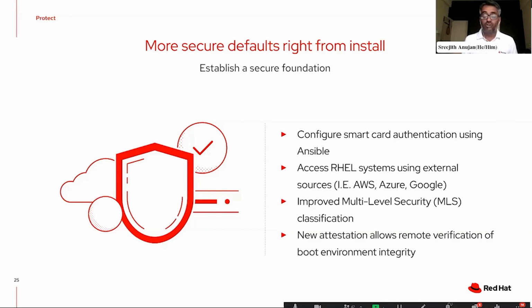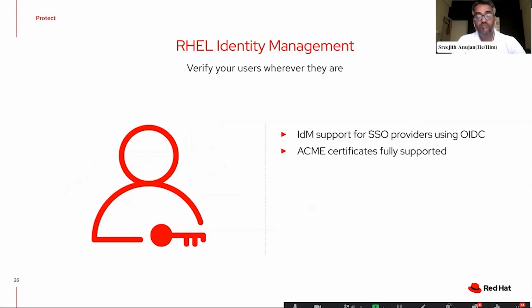When it comes to SELinux, you have improved MLS or multi-level security classification available with RHEL 9. And it's also important to verify that your boot environments are actually safe, right? So there are attestation services available to verify that the boot environment is actually tamper proof, right? All of these are baked in right from the installation itself when you do the deployment.